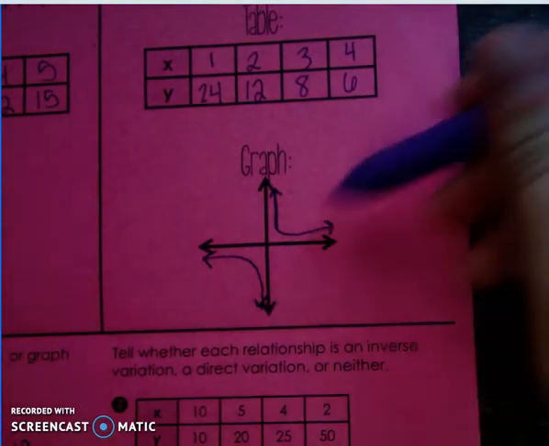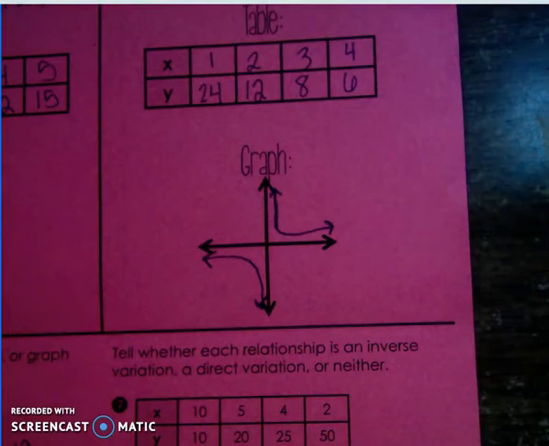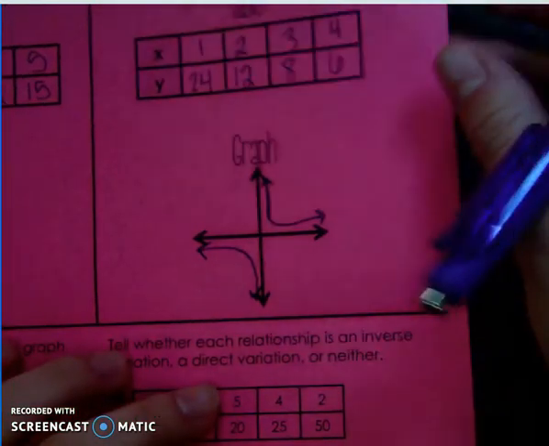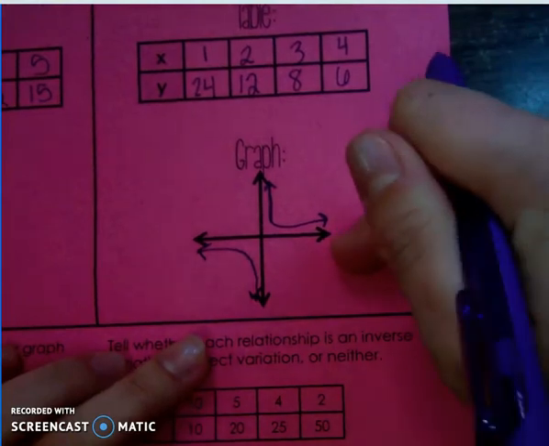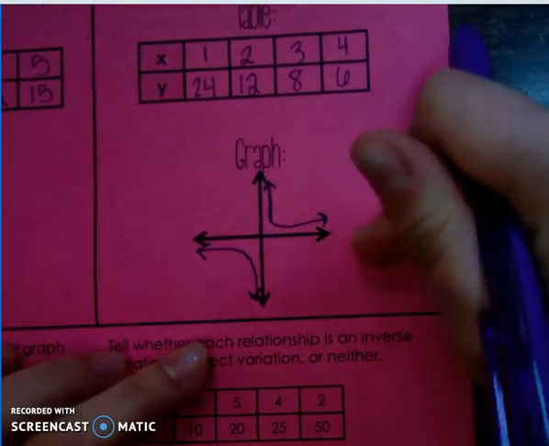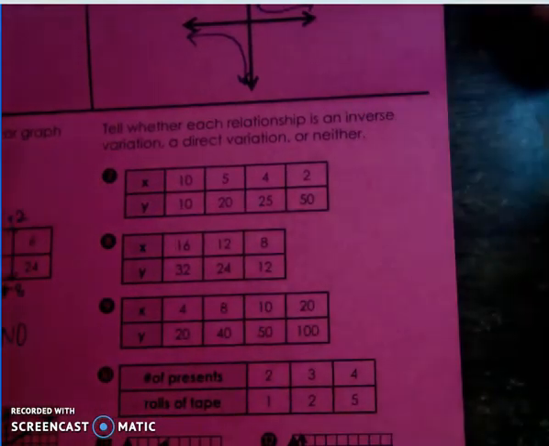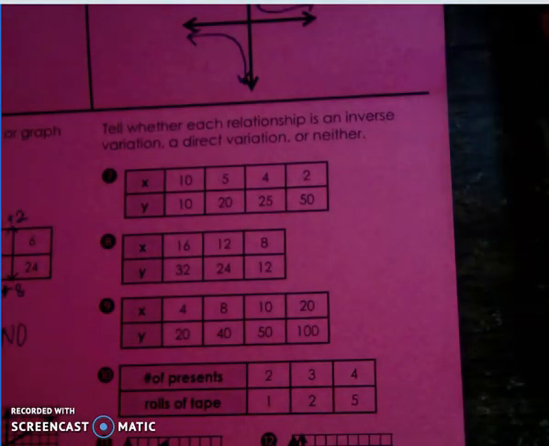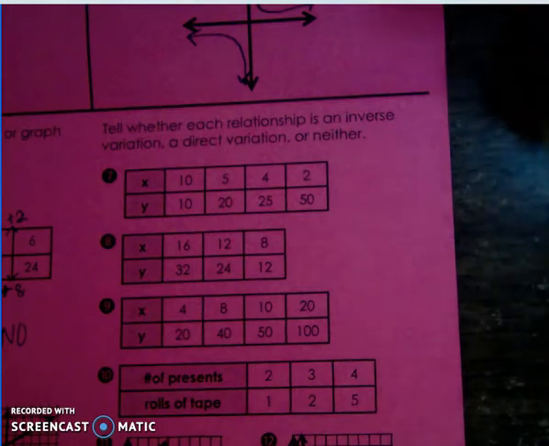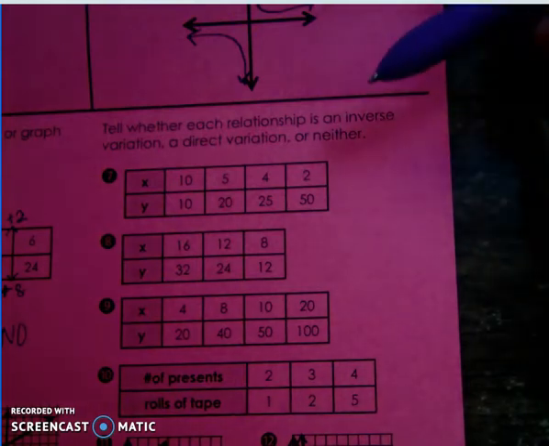And that's one function or one inverse variation. Okay? You'll learn more about that when we learn about rational functions. Okay? So, 7. Tell whether each relationship is an inverse variation, a direct variation, or neither.